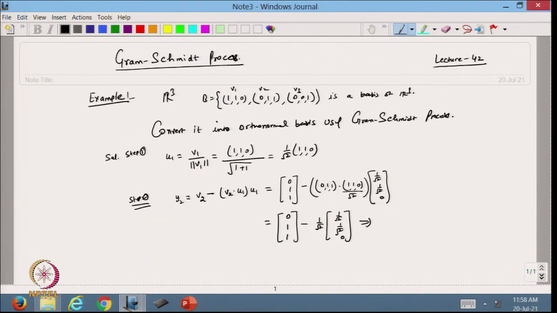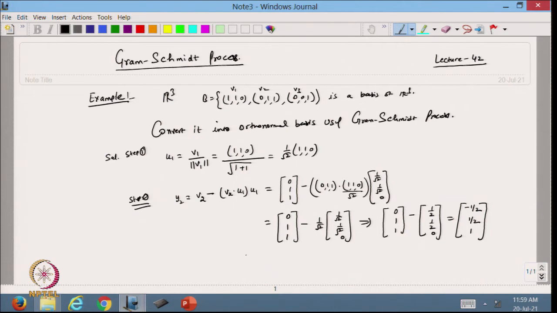This will become equal to 0 1 1 minus 1 by 2, 1 by 2, 0. Subtracting component wise, it becomes minus 1 by 2, 1 minus half which is 1 by 2, and 1 minus 0 which is 1. So, I am getting this vector, and that is my Y2.